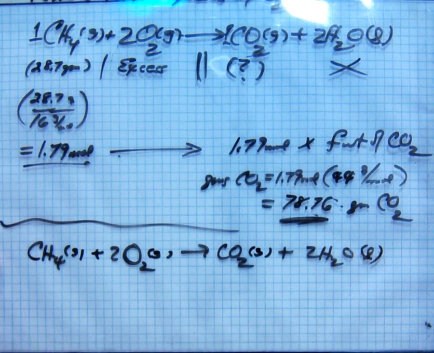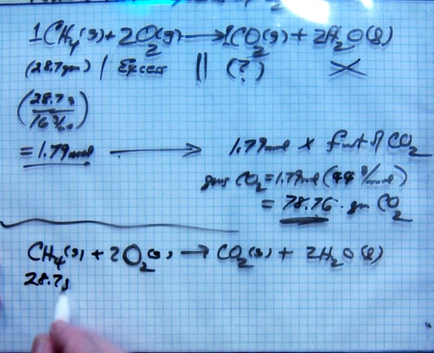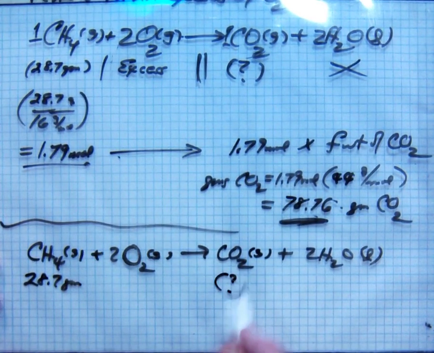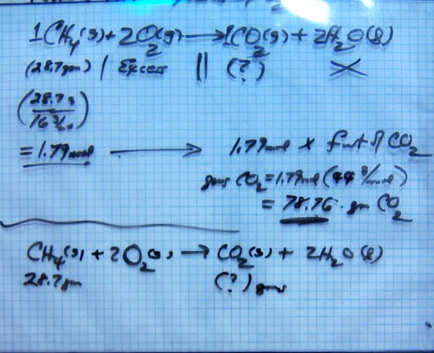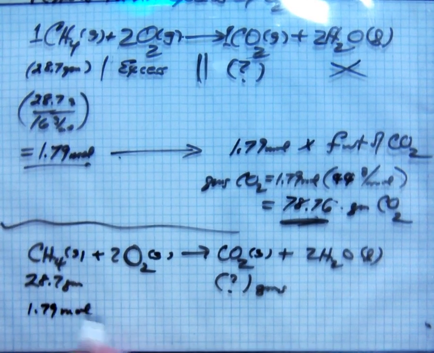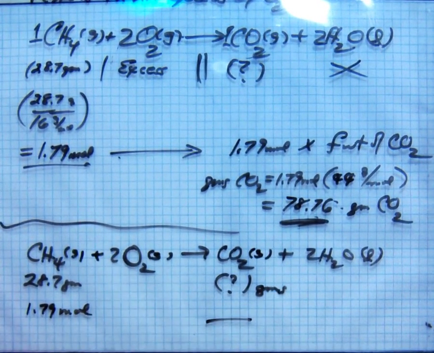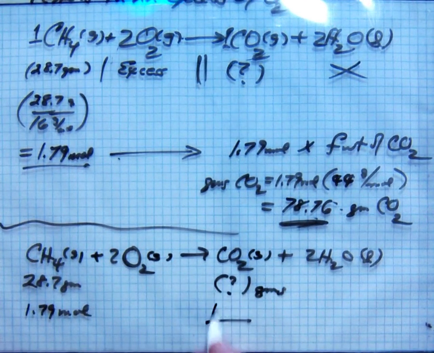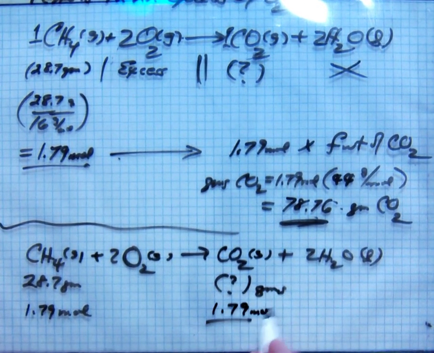Now, the problem gave us 28.7 grams of this and asked us to calculate the grams of that. In the context of what's here, it's really not very visible as far as the answer. But if I come down here and say this is 1.79 moles, you immediately say, well, the coefficients are the same, so the moles are the same.